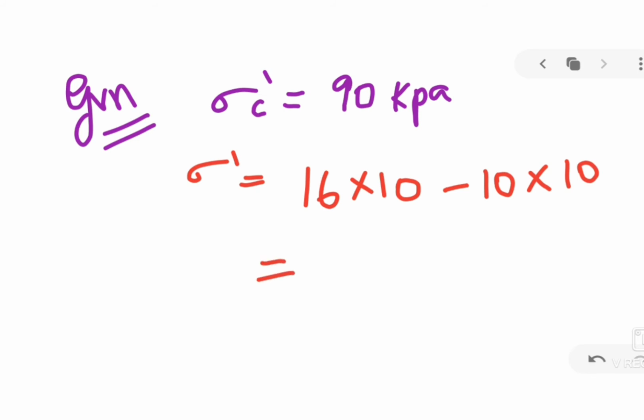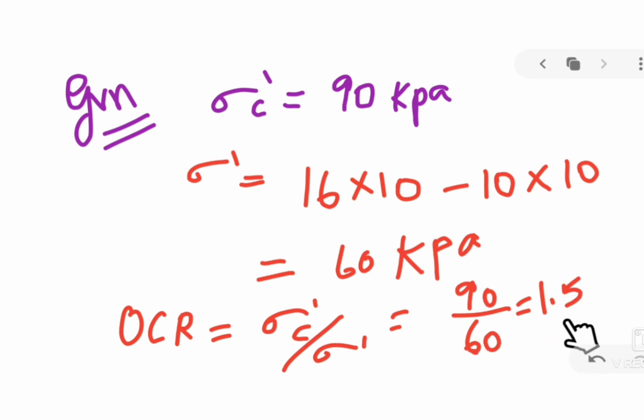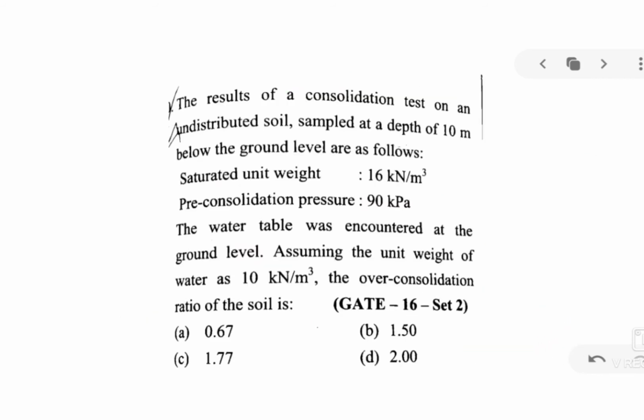Therefore, we will get 60 kilopascal as the current pressure acting upon it. So sigma C dash we know, sigma dash we know. By substituting in the given formula, we arrived at OCR as 1.5. Here, the answer is 1.5.